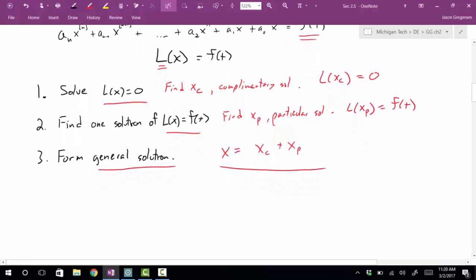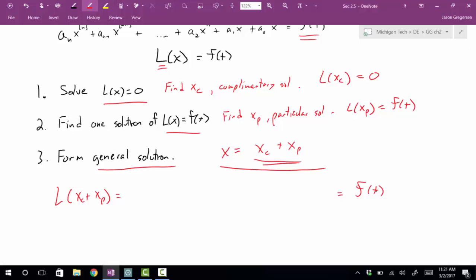To show that it is a solution, we're just going to use the property of linearity. So how do I check to see if this is a solution? Take all the derivatives, plug it in. Notationally, I can write that as plugging x sub c plus x sub p into my operator, and I'm hoping that in the end, I get f of t. If I can plug in x sub c plus x sub p, and the output is f of t, it is a solution.